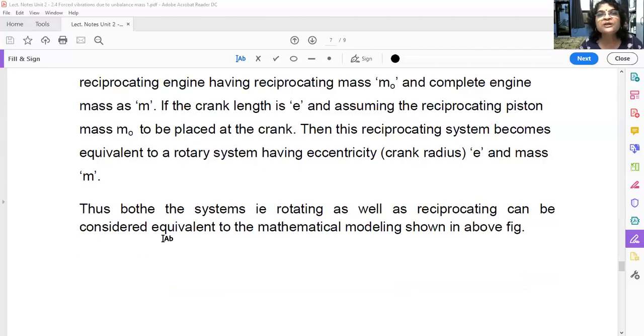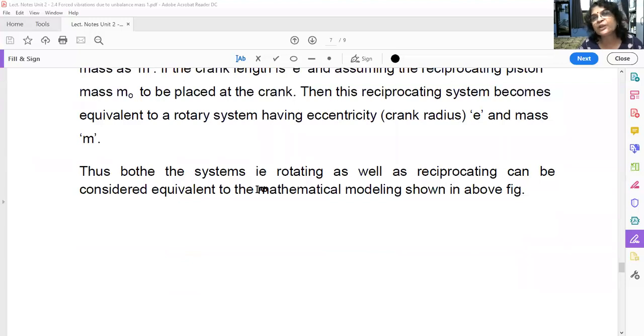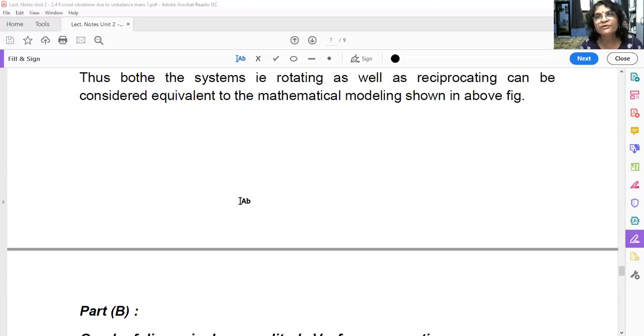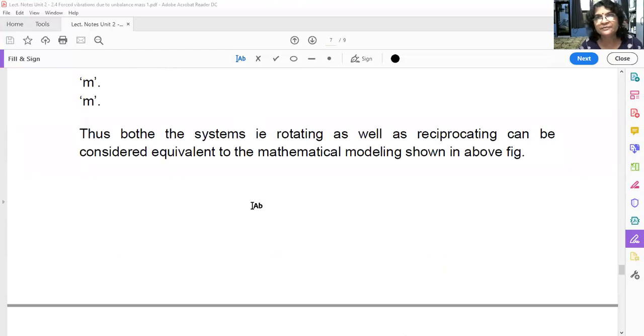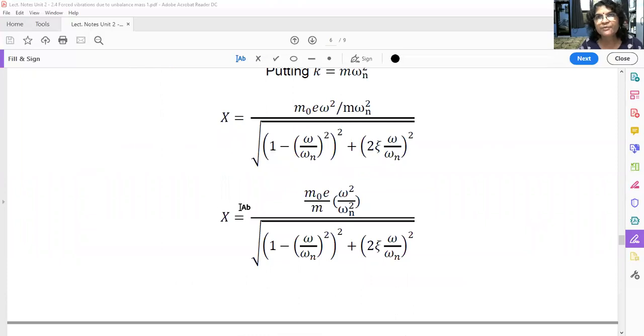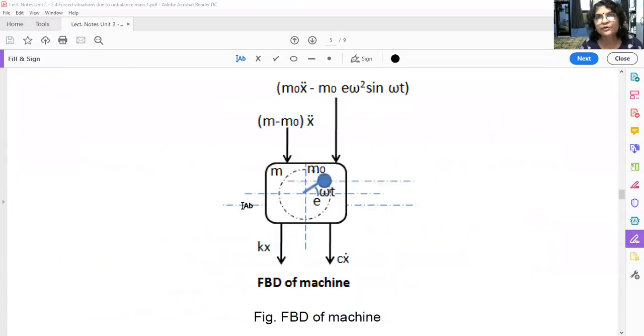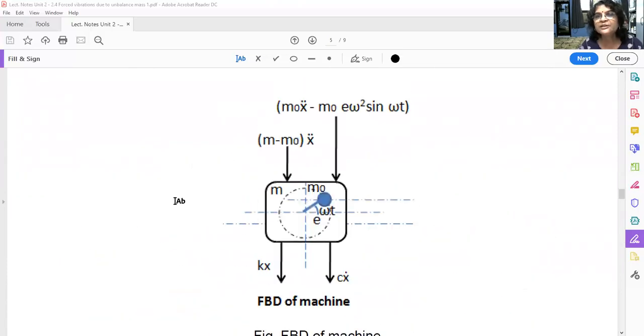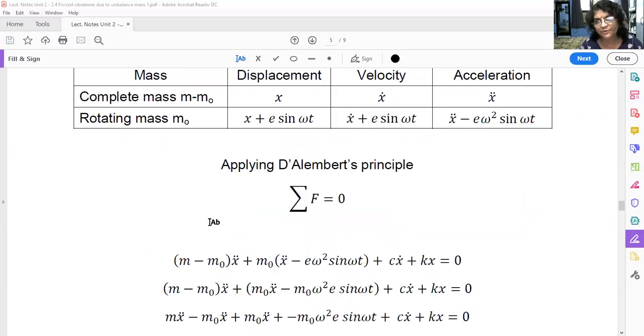So both the systems, rotating as well as reciprocating, can be considered equivalent to the mathematical modeling shown in the above figure. What was the mathematical modeling shown here? See, in this diagram we have shown this mathematical modeling. So this is true for both types of machines, rotary as well as reciprocating.